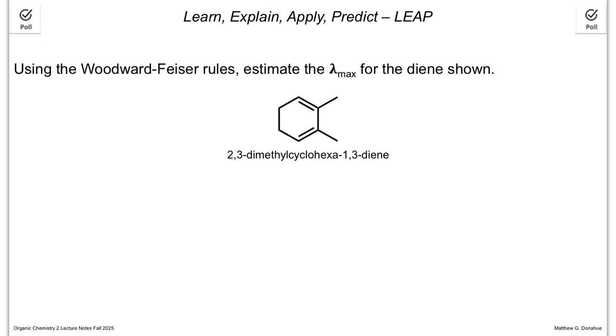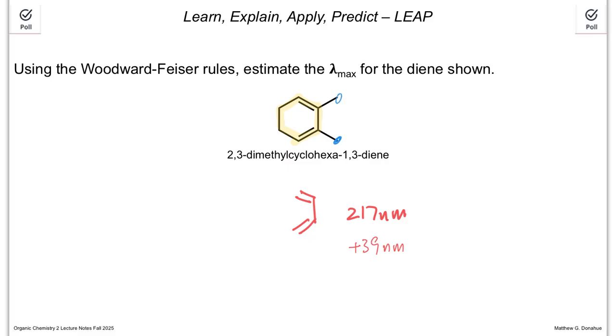So let's see if we can remember some of those numbers. Our base value was 217 for that. And we see that this particular molecule now, that's constrained into a ring, and that was the homoannular, so we can say +39. And then we have these other methyl groups bonded.